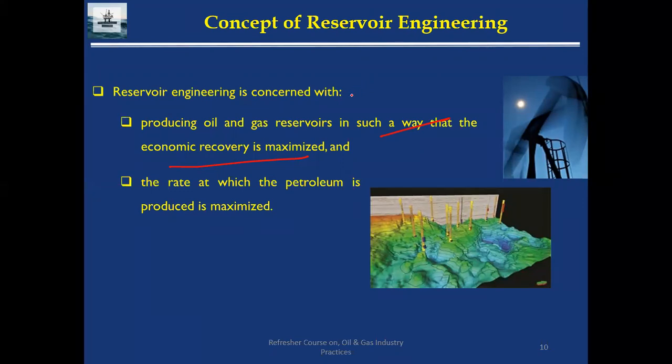Then the rate at which the hydrocarbons are produced also has to be maximized. So on one hand you require a good flow rate, and on the other hand you also require good profitability, right? These things are hard to maintain. Either you increase the pumping rates, that means you increase the recovery rates, and maybe you get good revenues coming in, but the pressure depletion might come down.